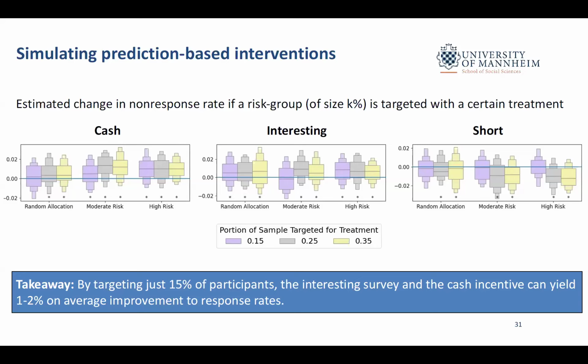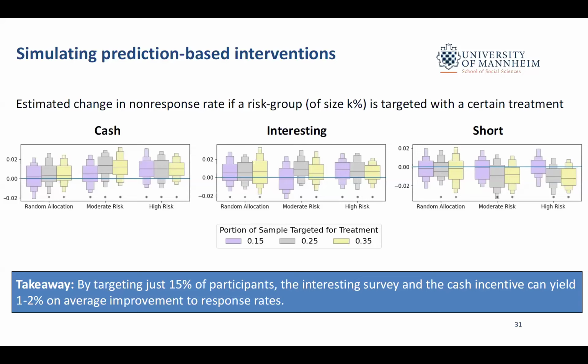So instead of a 7.5 non-response rate, we could have had a 5.5 non-response rate by simply distributing the interesting version of the survey to just 15% of the high-risk participants. And that's actually got a really similar outcome to targeting 35% of the participants with a quadrupled cash incentive.